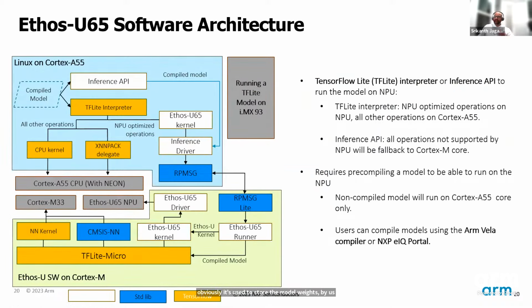From the software side, we have two interpreter engines that can be used. First of all, it starts with the compiled model, and I have a slide next to show you how to get this compiled model. But once you have a compiled model, you can use either an inference API interpreter engine or a TF Lite interpreter engine.